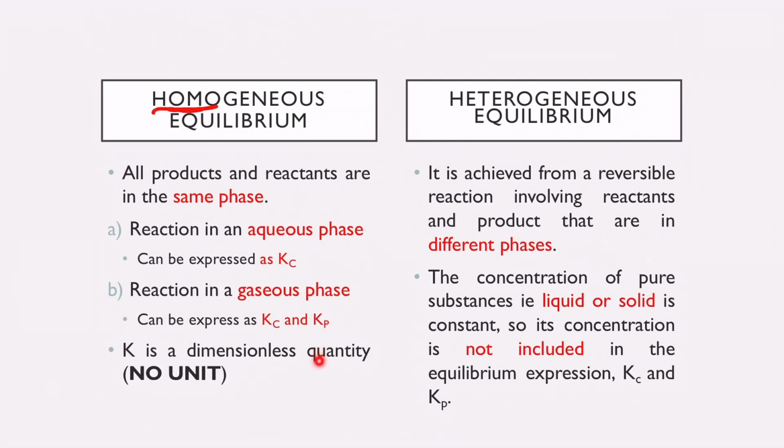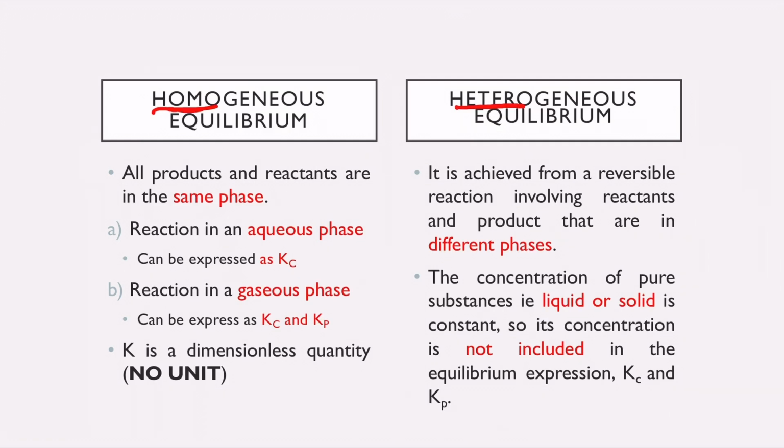Okay? So K is a dimensionless unit, like I said before. It has no unit because when you do the ratio, you will cancel out the concentration units or your partial pressure units. Okay? Heterogeneous equilibrium, hetero meaning it is not the same.